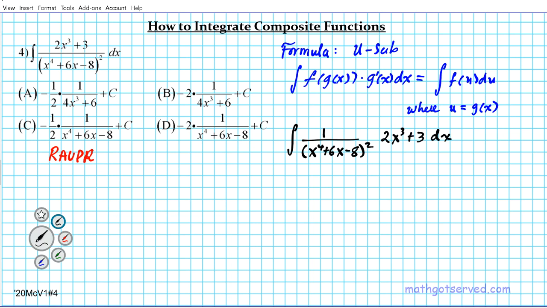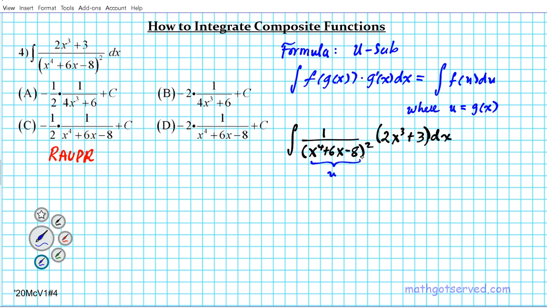Now, how do you know to use the u substitution? Well, if you take a look at the inner function of the composite and you differentiate it, and you end up with a multiple of the other function, guess what, ladies and gentlemen? That is a u substitution problem. Okay? All right, so in this particular case, check this out. We're going to call our u this inner function right here.